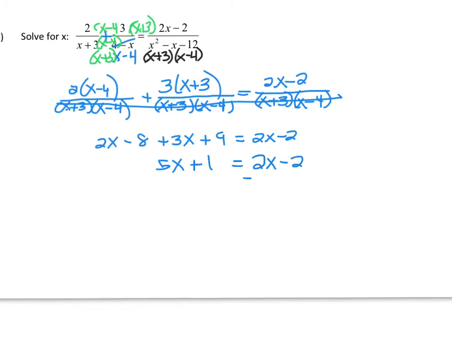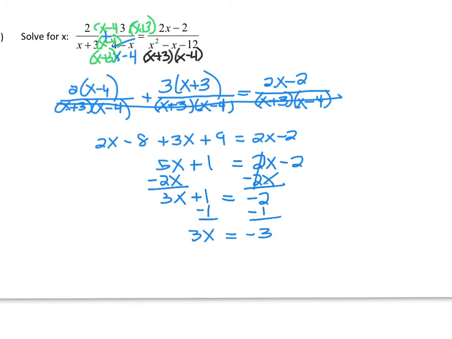So I'm first going to subtract 2x from both sides. That leaves me with 3x plus 1 equals negative 2. Then let's subtract 1 from both sides, so we have 3x equals negative 3. And when we divide by 3, we get x equals negative 1.